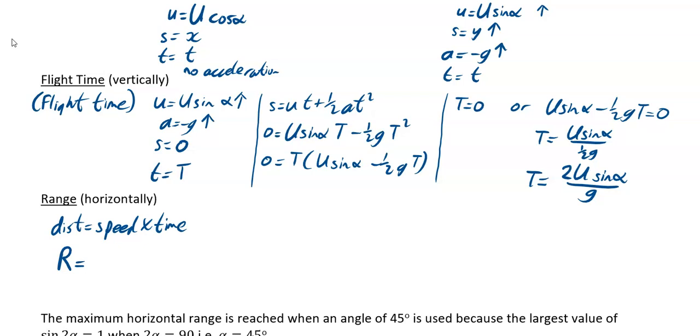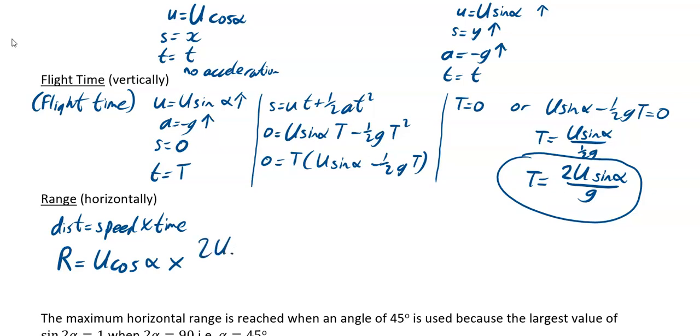So R is equal to my constant speed, I suppose in this case, which is capital U cos alpha, and my time, now our time is this thing over here. So that's why it's important you do it in a certain order here. You find the flight time first, and then you find the range. So it's going to be 2 big U sine alpha all over g.